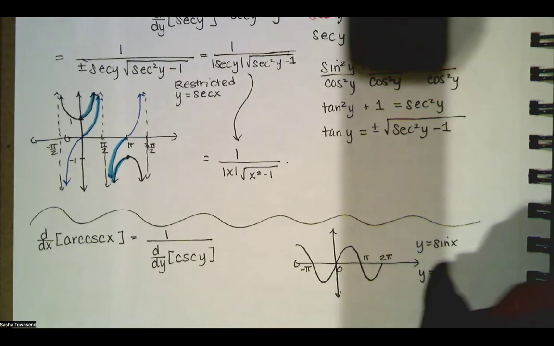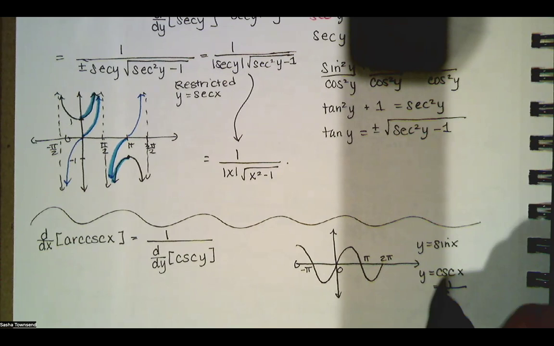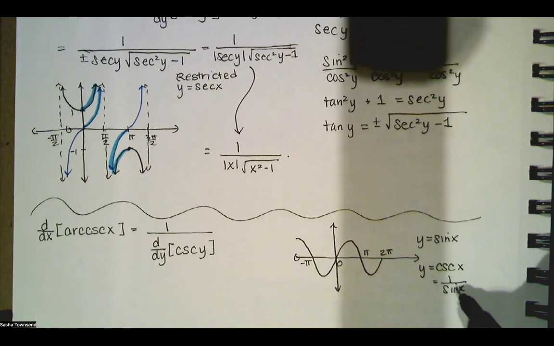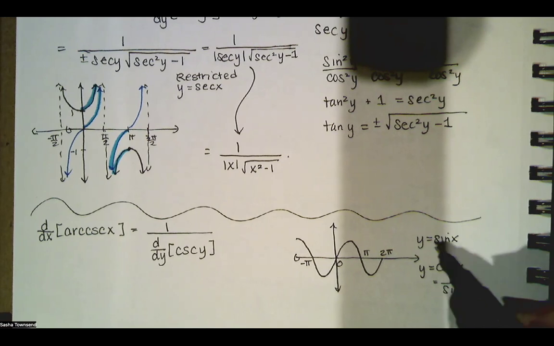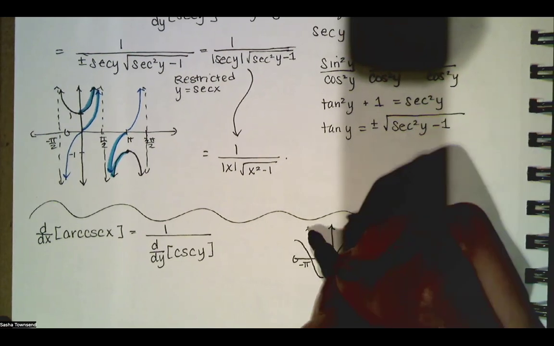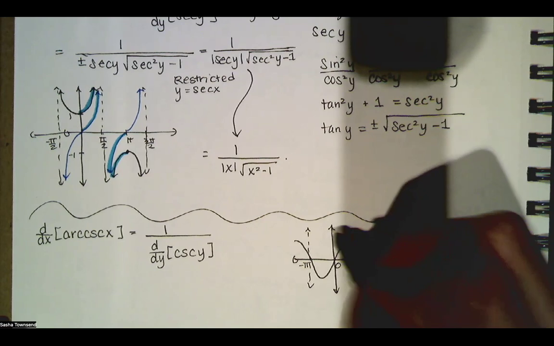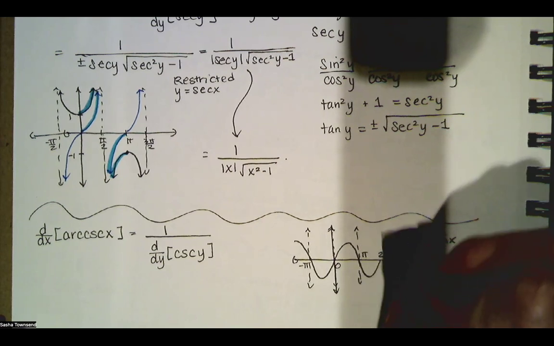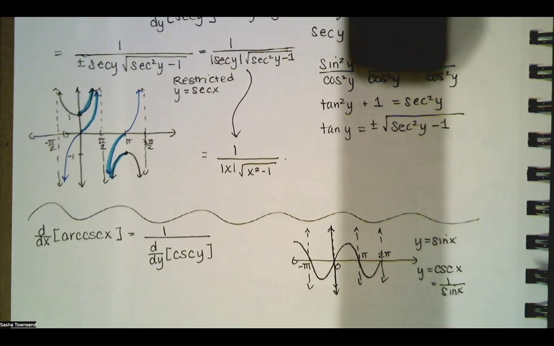To graph the cosecant function, I'm graphing 1 over sine of x. So I'm going to have asymptotes on the graph of the cosecant function whenever sine of x is 0. So we have asymptotes at all the multiples of pi: negative pi, 0, which is on the y axis, then at pi, then at 2 pi, and so on.